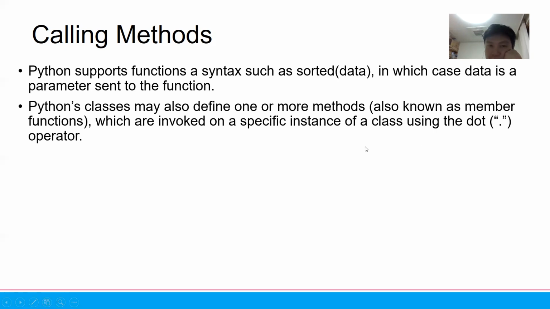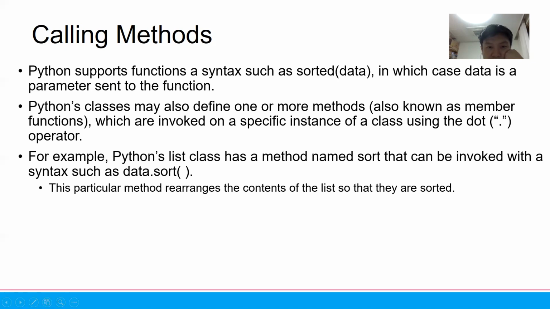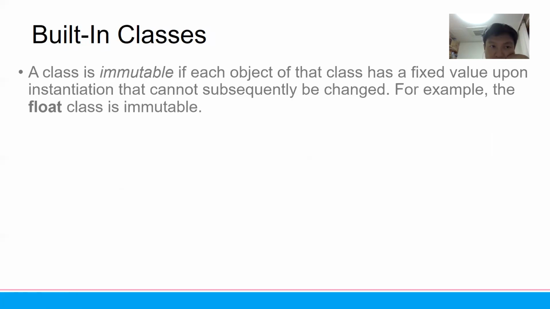If you are making an object, the Python list class has a method named sort, and that can be invoked with a syntax such as data.sort. So if you have an object data and you want to sort the values of a list, you can use sort with the parentheses. This particular method rearranges the contents of the list so that they are sorted. We will learn more about this one.